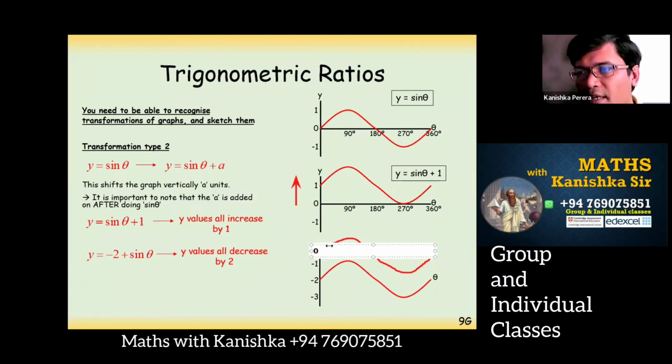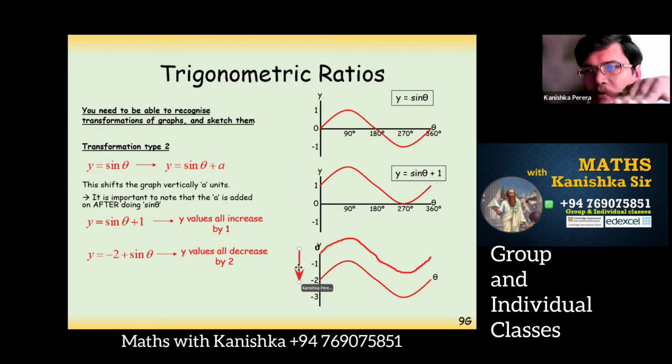Now what is going to happen with the 0? It is mentioning that the shifting needs to be done downward. It's a -2. Very simple. It's a -2. The transformation needs to be done.